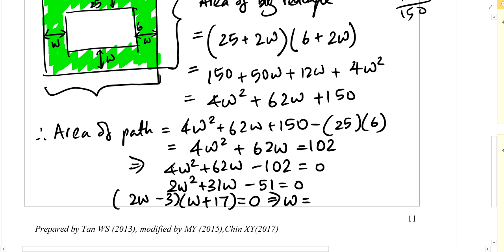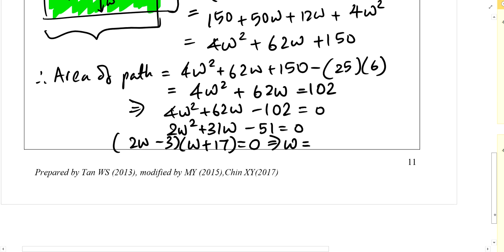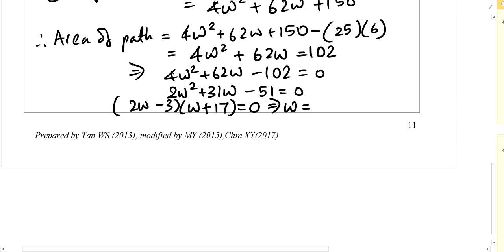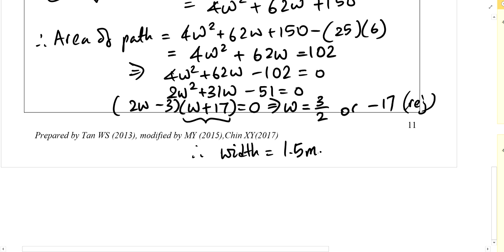For the first bracket, 2W minus 3, what is W? Mental sums. 3 over 2. Now let's look at the other bracket. If this is equal to 0, what do we have? Negative 17. Can it be possible? No. So this is rejected. So the width equals 1.5 meters, or 3 over 2 meters. Same thing.